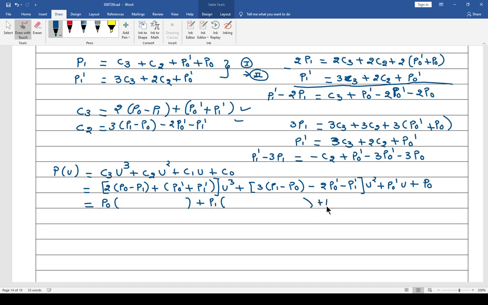Then I'll write P0 dash, then collect the coefficient here, plus I'm writing P1 dash, and then I'll collect a coefficient here. So now you have to collect the coefficient of P0, P1, P0 dash and P1 dash.